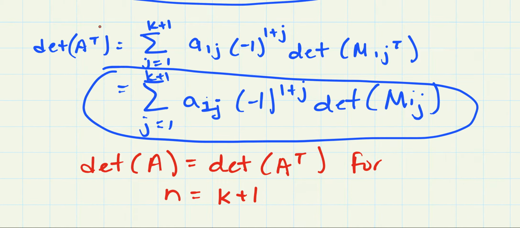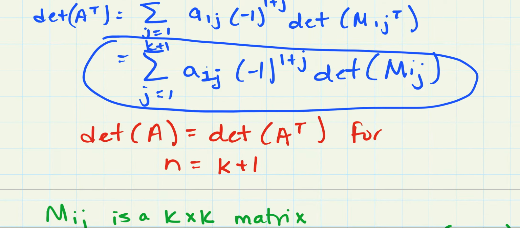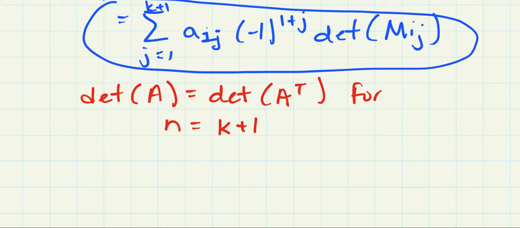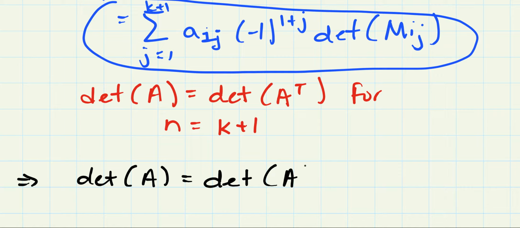And now we're done. So since when you do the inductive step, you get that this implies the determinant of A is equal to the determinant of A transpose for all n, where A is an n by n matrix. So that's what the n stands for. This goes with the size of the matrix.